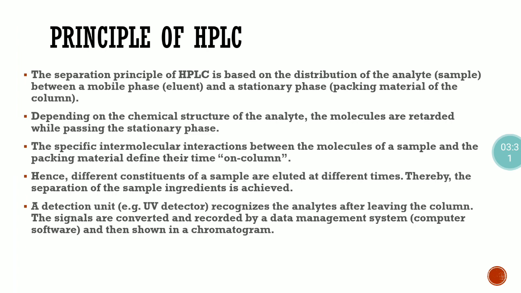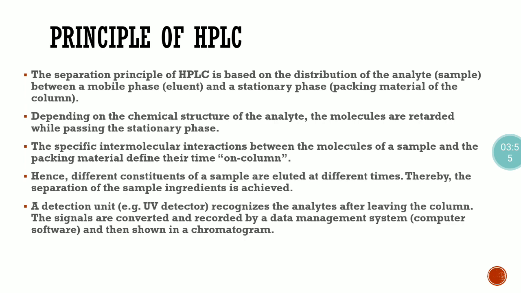Principle of HPLC. The separation principle of HPLC is based on the distribution of analyte between a mobile phase and a stationary phase. Depending on the chemical structure of the analyte, the molecules are retarded while passing the stationary phase.